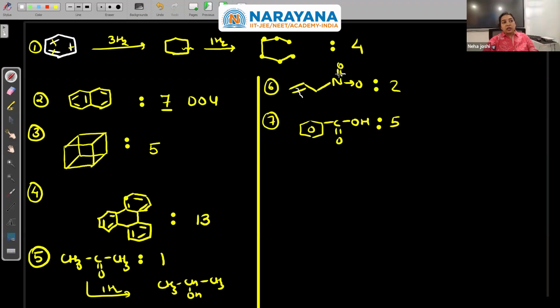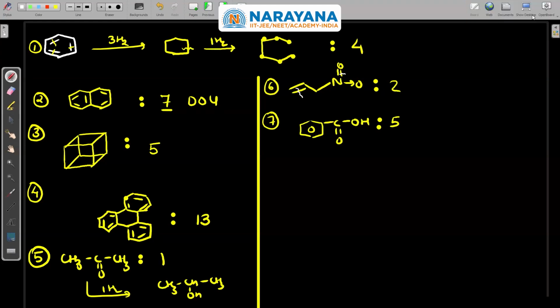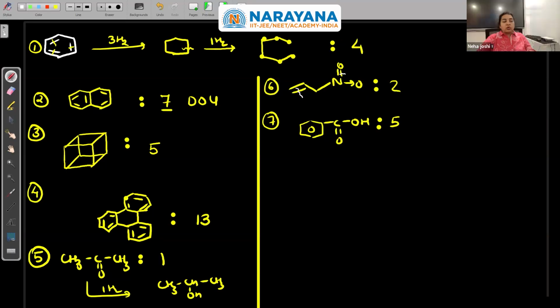Fully saturated, one here and one here, so 2. So just all double bonds or triple bonds to count? Yes, all double bonds, all triple bonds, whether they are only of carbon-carbon or other species. Is that clear? Yes, sir. Okay, so that is how we do degree of unsaturation.